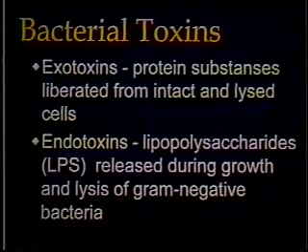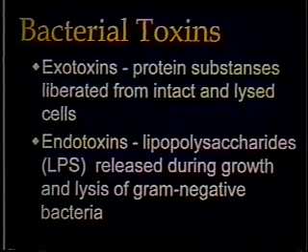Not all bacteria are pathogenic, but those that are have a variety of different ways in order to produce the pathogenesis, such as the production of toxins. The gram-positive organisms may produce what are called exotoxins. These are protein substances that are liberated from the cells as part of the growth and the lysing of the cells.